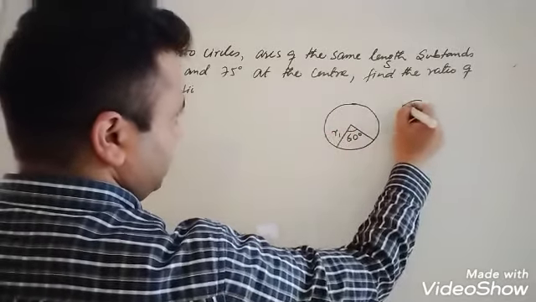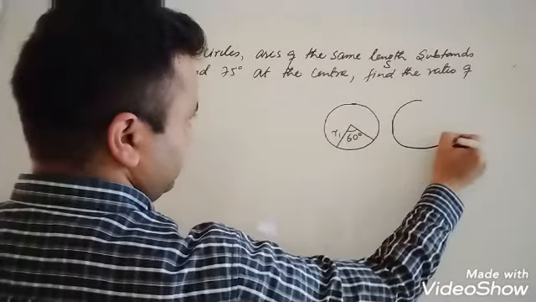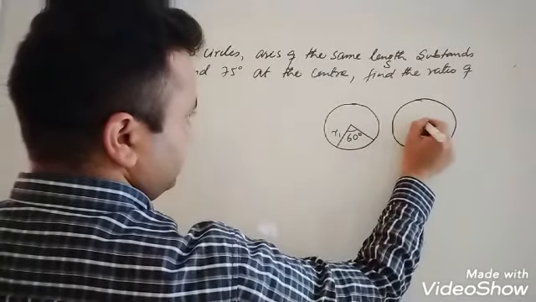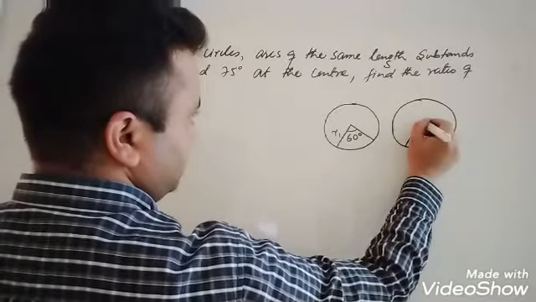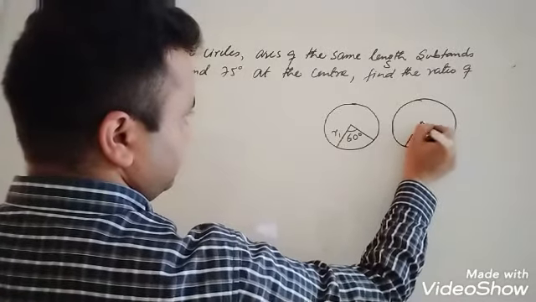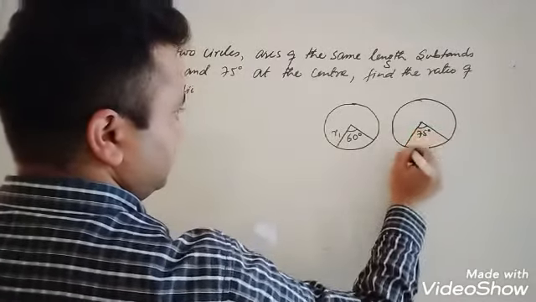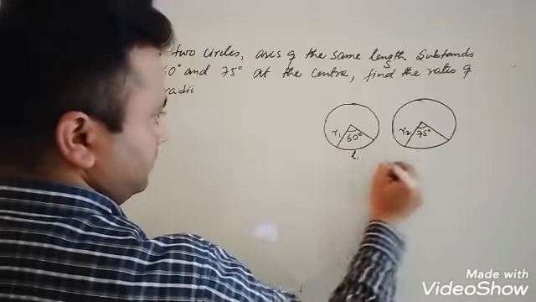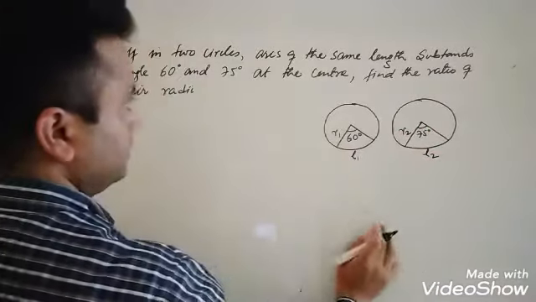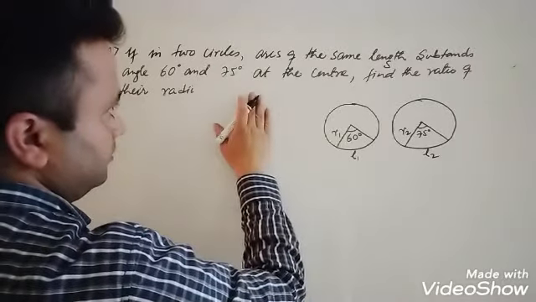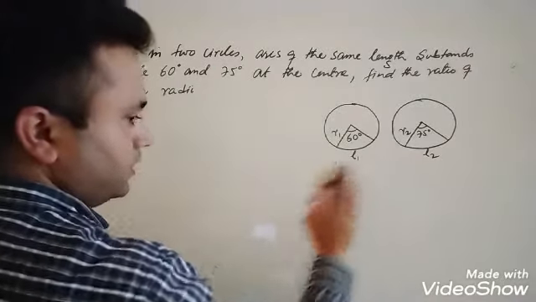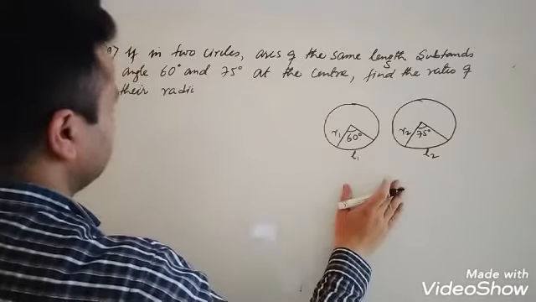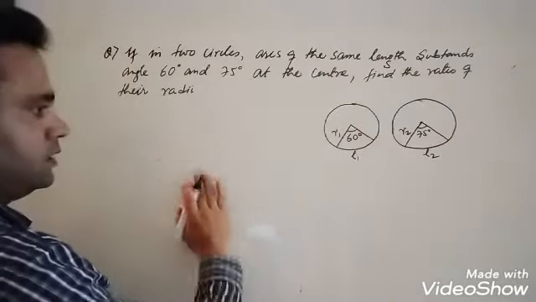Take another circle. This is 75 degrees. Now this is R2, this is L1, and this is L2. According to the question, L1 and L2 are equal, meaning the lengths of arcs are equal. So we have to calculate the ratio of the radii.